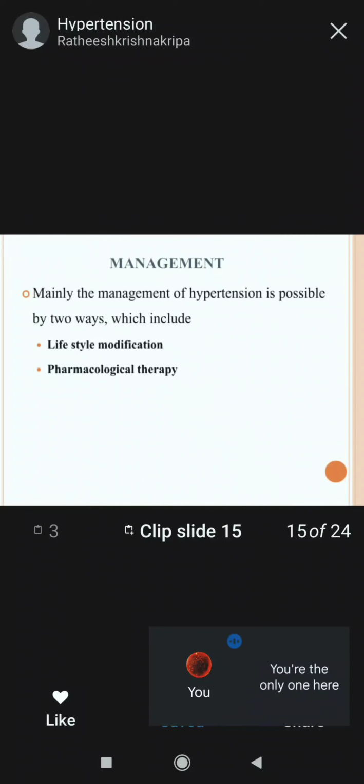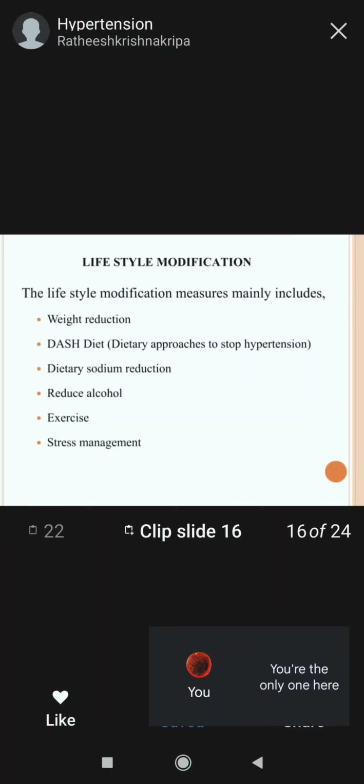Mainly, the management of hypertension is possible in two ways: lifestyle modification, like reducing high fat and excess dietary intake, and pharmacological therapy, like medicine. Lifestyle modification includes weight reduction, dietary approach, dietary sodium reduction as we previously discussed, reducing alcohol, exercise, and stress management.